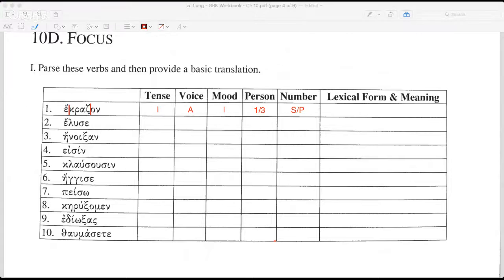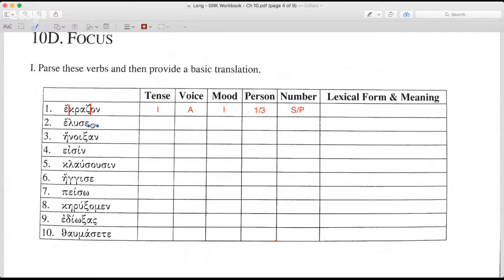How about this next one? Is that an aorist? Yeah, so how would you get there? What's the ending here? Technically, the ending is just the epsilon?